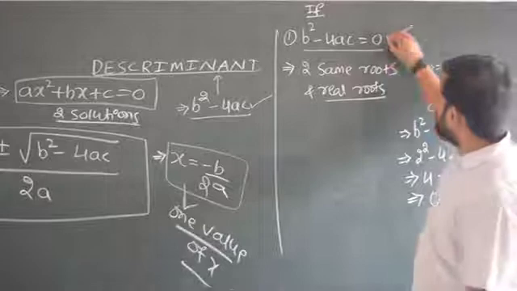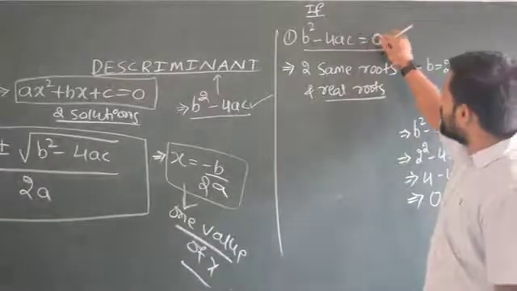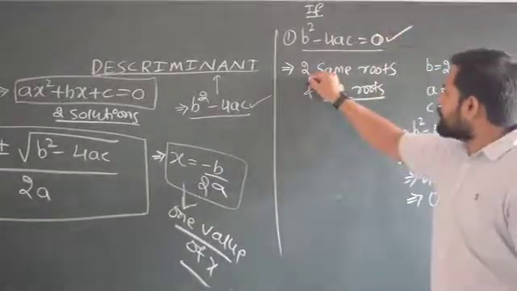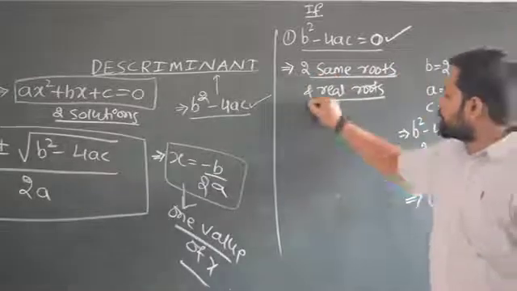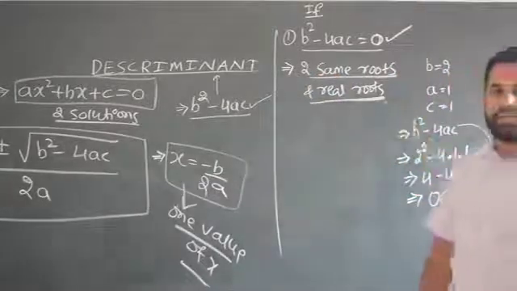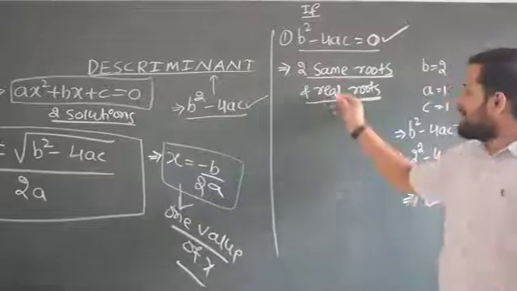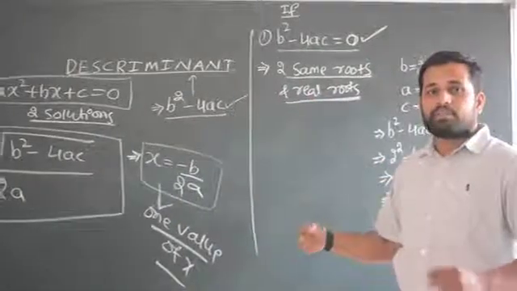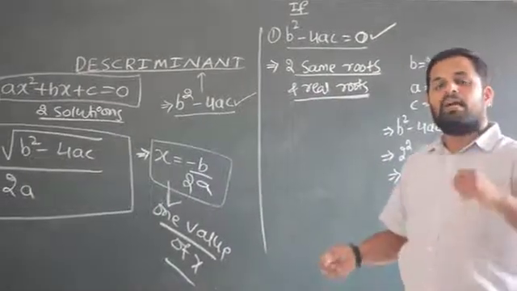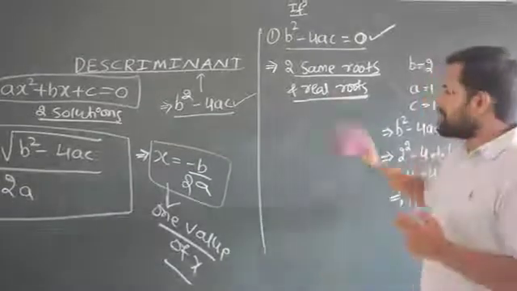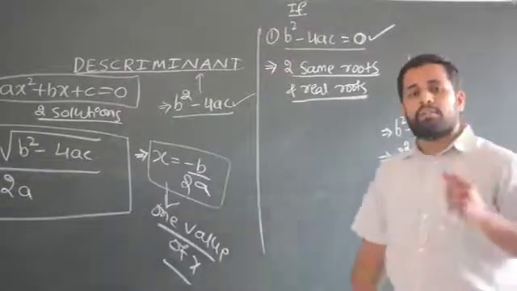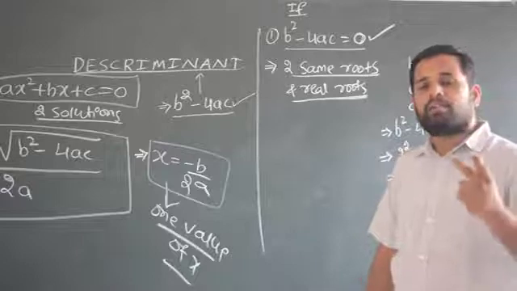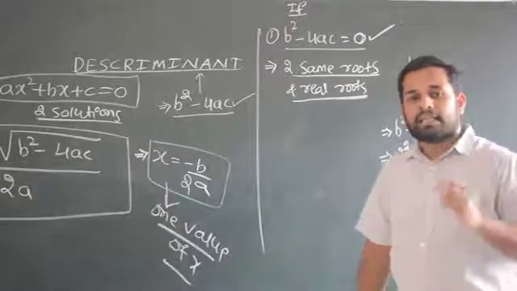Whenever b square minus 4ac is equal to 0, I am going to have two same roots and they are real roots. Is it understood? Real means rational numbers. Rational and irrational, everything comes in real numbers only. We also have something called imaginary numbers. That imaginary concept will come in 11th standard, no need to worry about that.